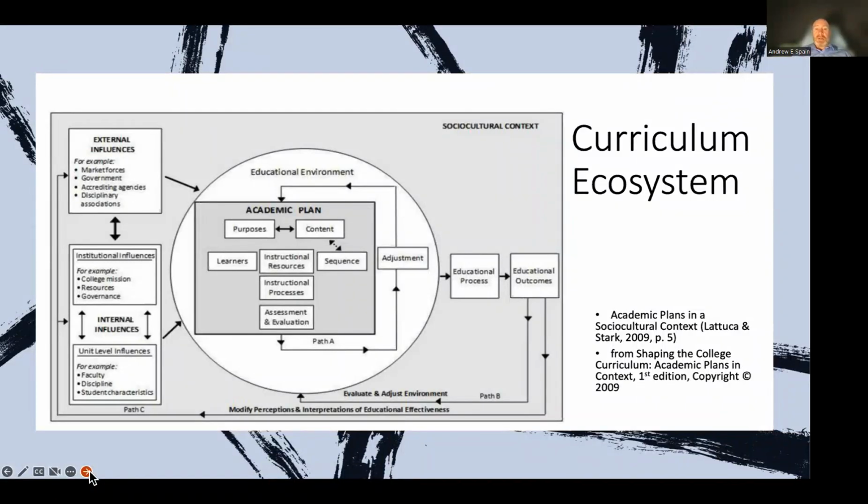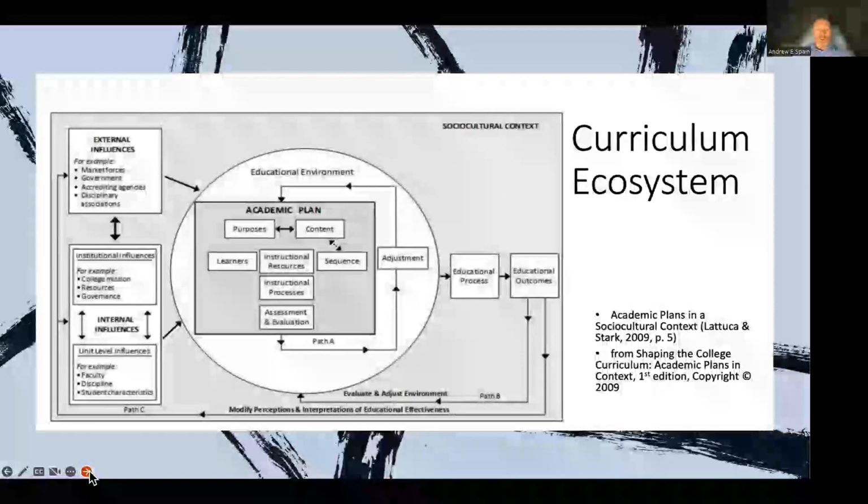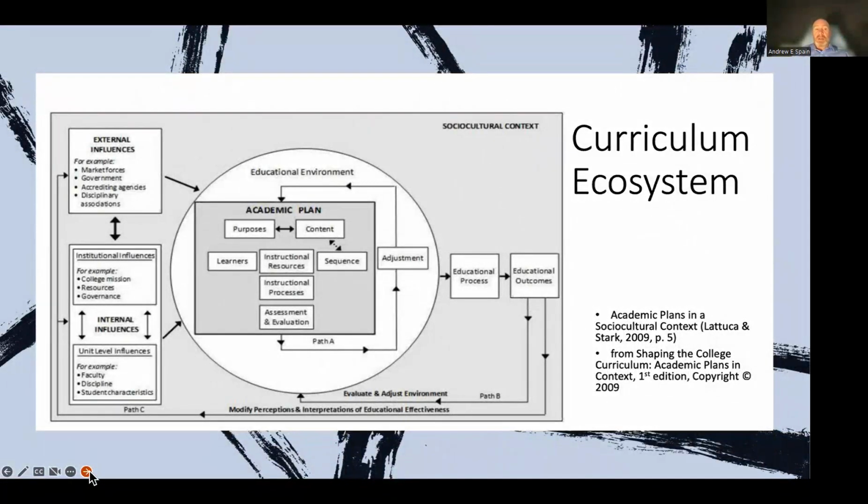Sometimes we're frankly competing with other departments sometimes. You can see up in the upper left all the external forces that are in play, the influences. We certainly have a number of those in EMS that are important to our curriculum design process.